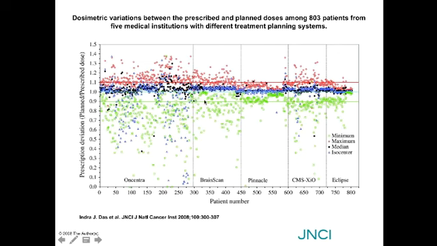You'll see different metrics here: minimum dose, maximum, median dose. And you'll see especially with the minimum dose, it varies a lot depending on what system you're using. The median dose, the black dots, they're a little less variable, although there is still quite a bit of variability.